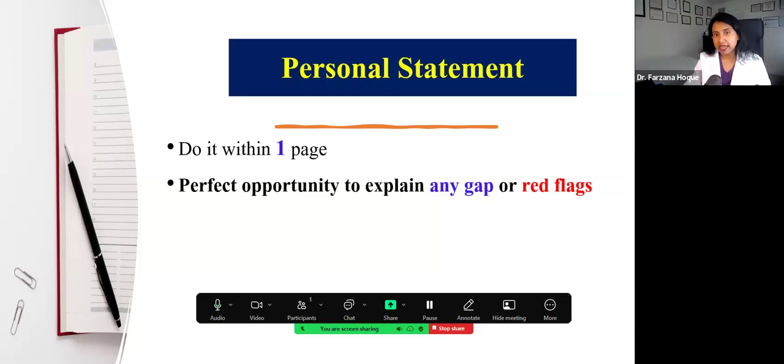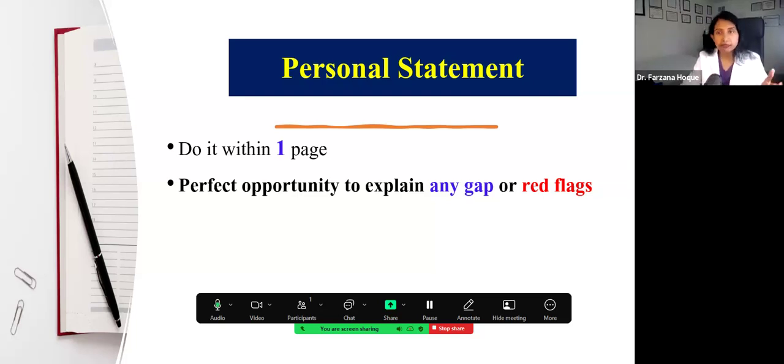Here, I would also like to remind you that if it is just a minimum lowest score, you do not have to talk about all the lowest scores. I am highly advising you to talk about a long gap. I'm not talking about a 6 month gap. Similarly, I'm not talking about just maybe a mediocre score.